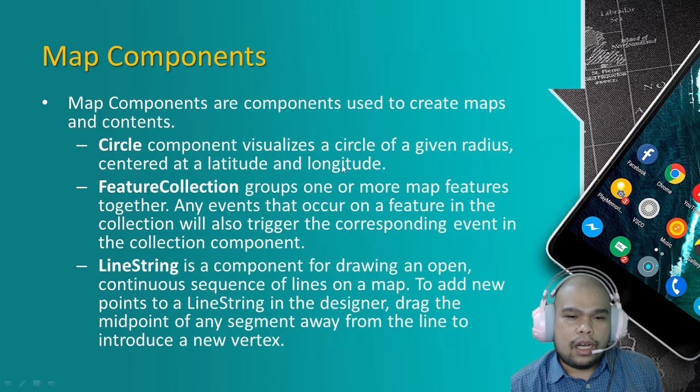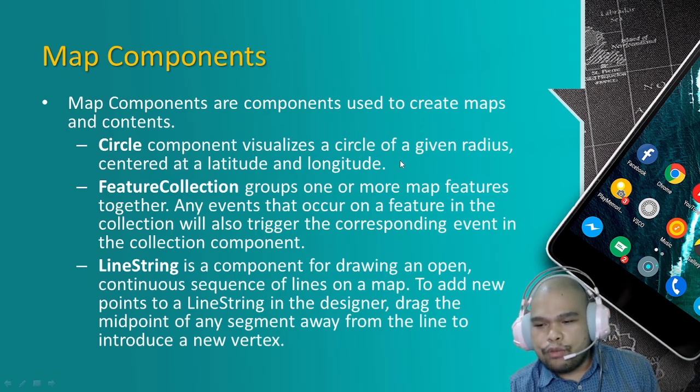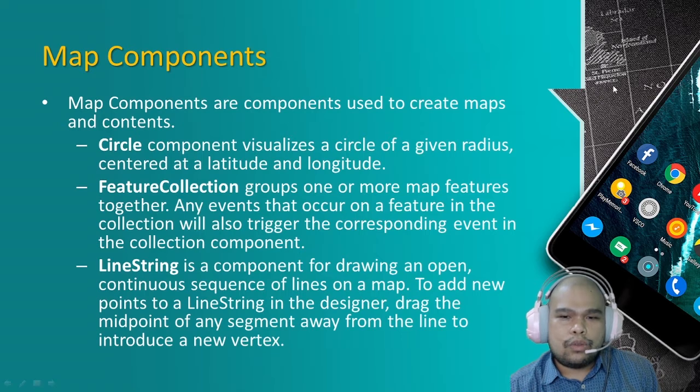Let's say nakamark yan into a single place, with a radius of 5 kilometers. Ang ibig sabihin nun is within that point, yung 5 kilometers paikot, yung area na yon. So, usually, to highlight that area, gumagamit tayo ng circle.